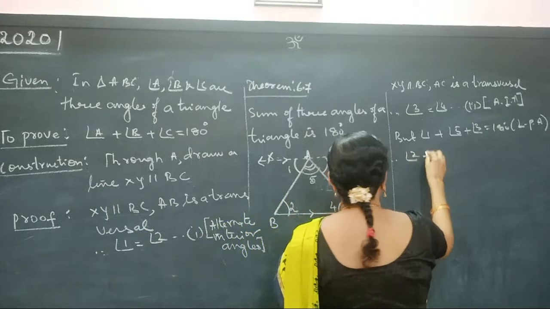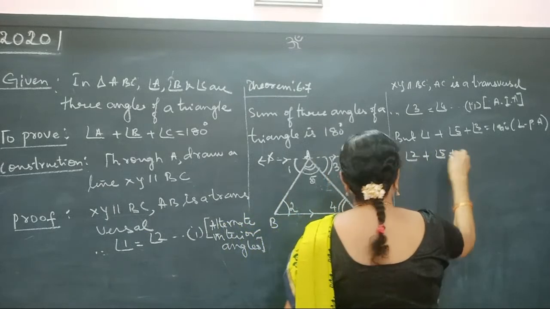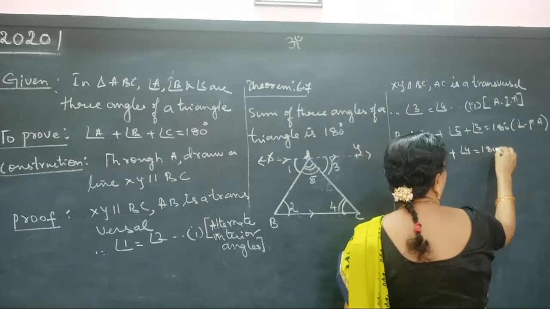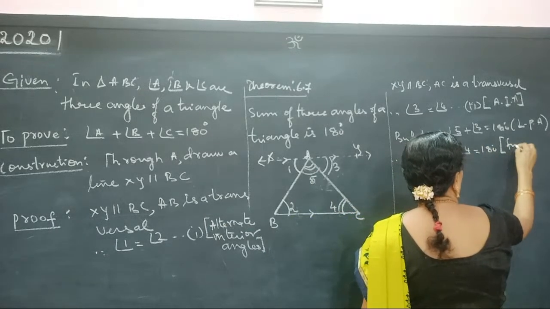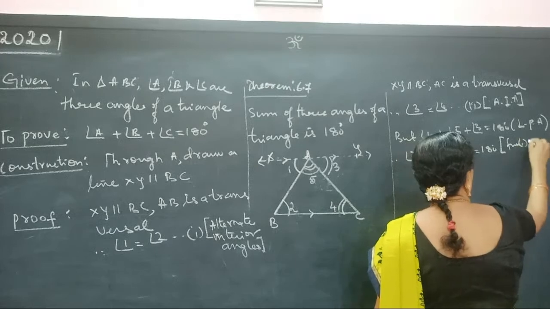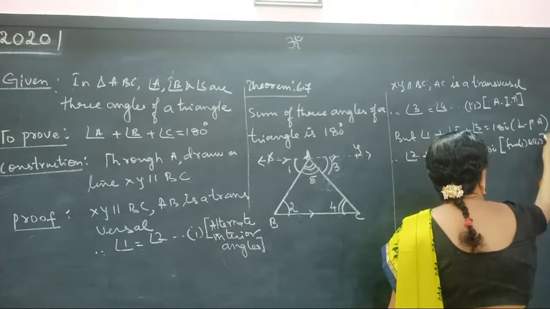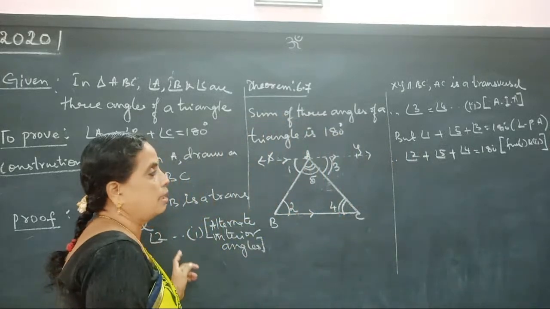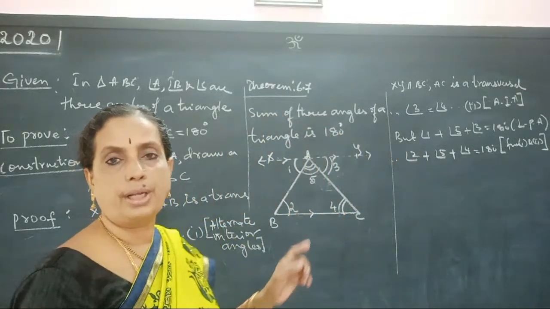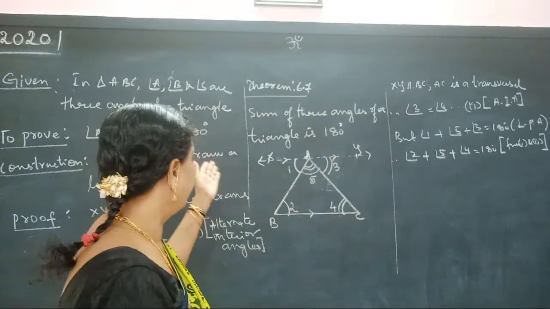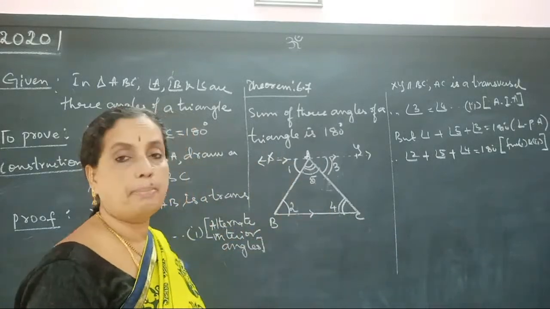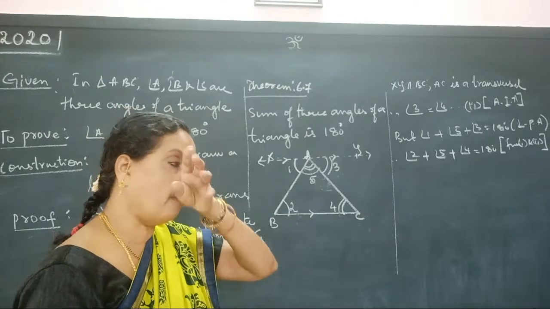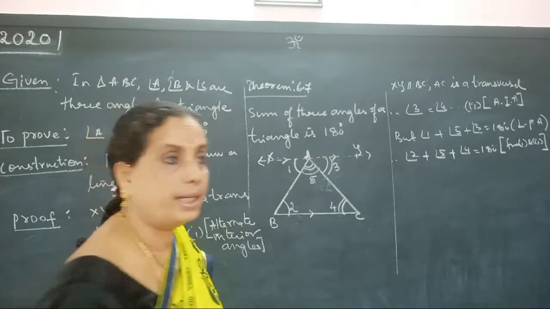Therefore, angle 2 plus 5, and 3 can be replaced by 4, equals 180 degrees. Reason: from results 1 and 2. According to result 1, angle 1 equals angle 2. According to result 2, angle 3 equals angle 4. I replaced them so that we got the sum of the three interior angles of the triangle is 180 degrees.